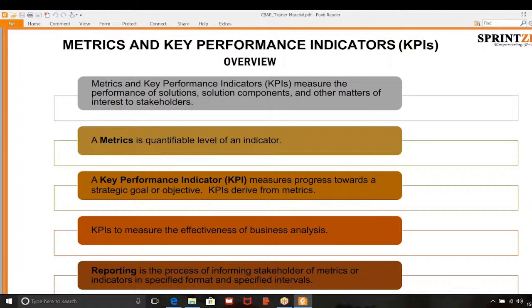There could be another metric: in how many minutes an associate is able to resolve 5 work items, or, let's say in 3 hours, on average, how many work items a team resolves. All these are indicators, right? These are metrics. But if you attach it to a goal or objective, so let's say this team got a target.